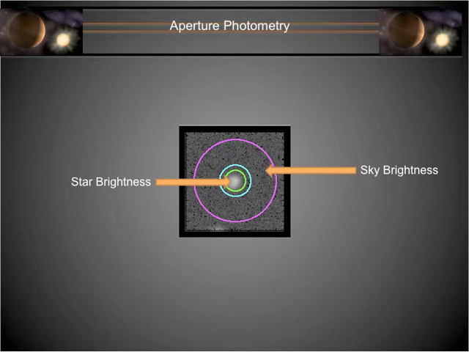And then over time, we compare that to a reference star. The sky may change due to seeing or humidity changes, temperature changes, things like that. As we progress through the night, the sky's brightness may change. But as long as a star is pretty stable, its brightness should not change.